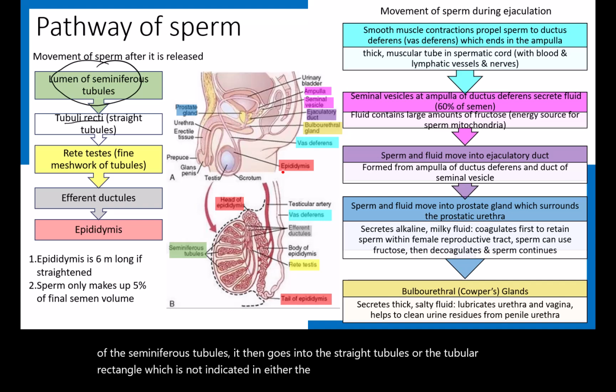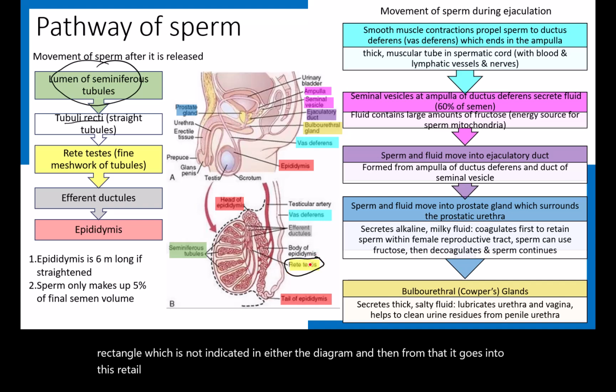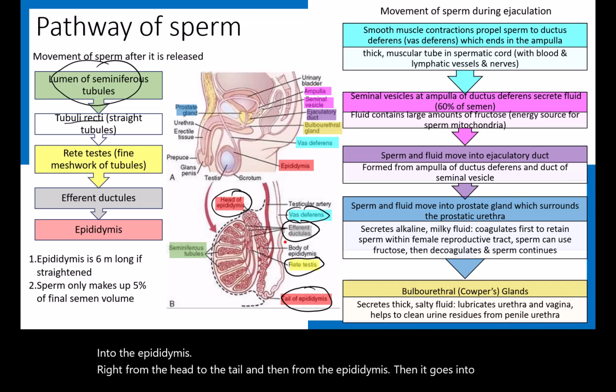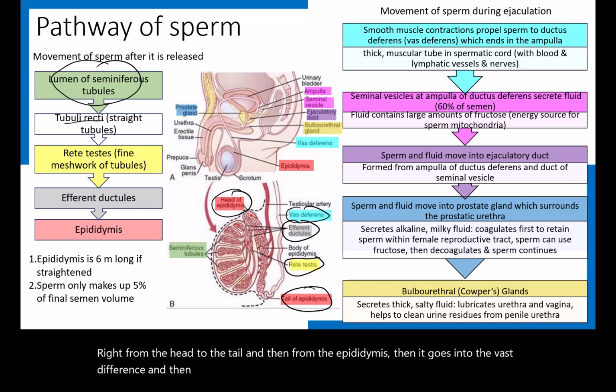And then from that, it goes into the rete testis, which is the fine meshwork of tubules, into the efferent ductules, and then into the epididymis, right? From the head to the tail, and then from the epididymis it goes into the vas deferens and then out. If you look at the epididymis, you can see that it's coiled.